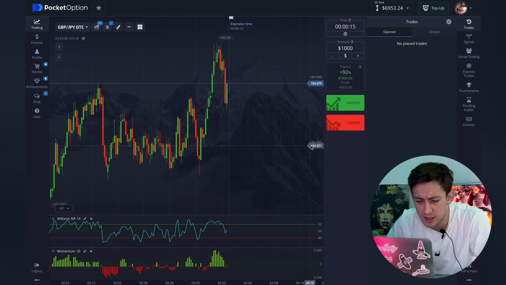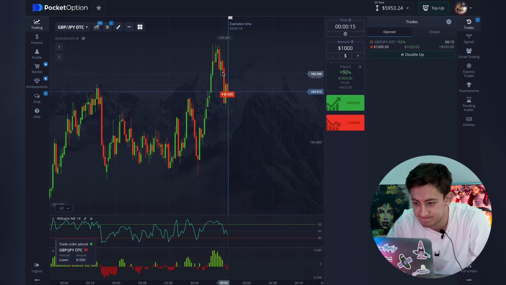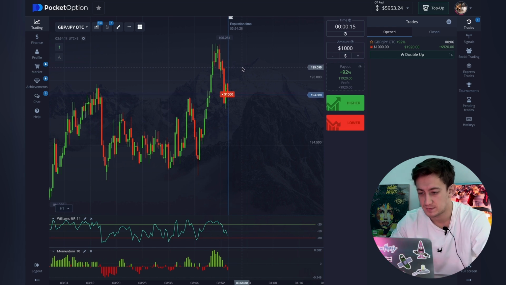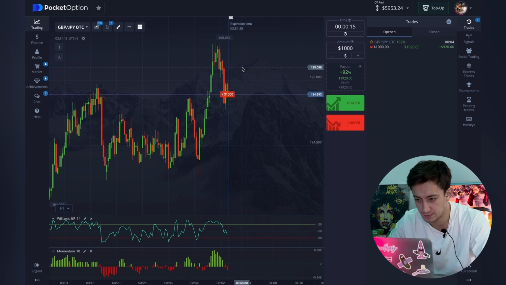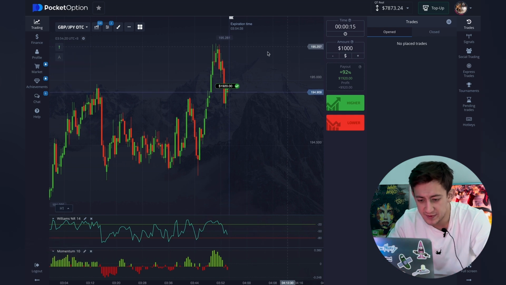I see a very long candle downwards, and it scares me. So I wait for a green candle to hit the level. And I enter a downward trade and expect a profit. Profit is gained, friends.